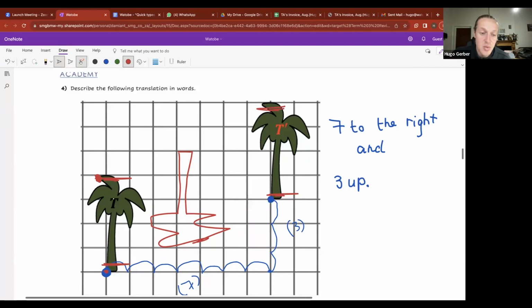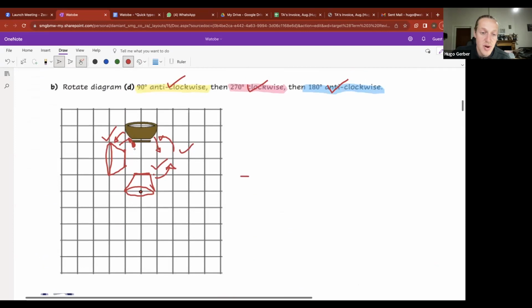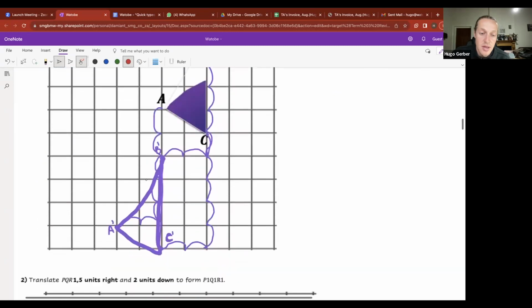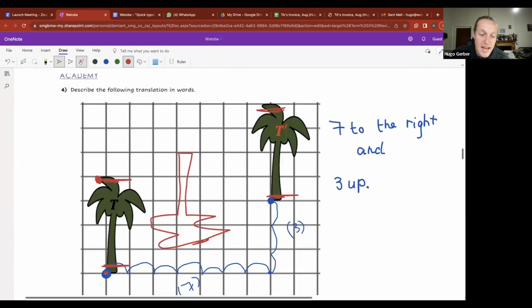So for rotation, like we said in the previous examples, get yourself a point of reference. I had a point of reference here, and I could move according to it.